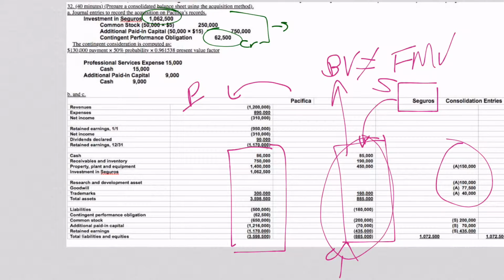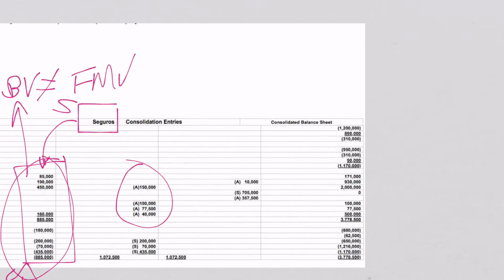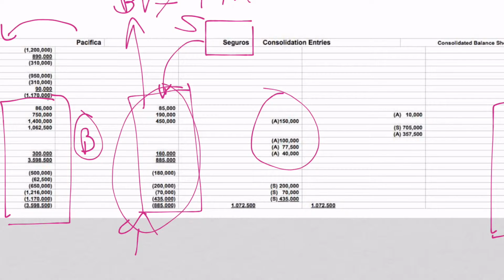What we're going to be doing is adding across. We'll add column A plus column B, the book values, and then in order to get to the end result of what the consolidated balance sheet should look like, we're going to have to make what they call consolidation entries here, both debits or credits, to know which way to add across.